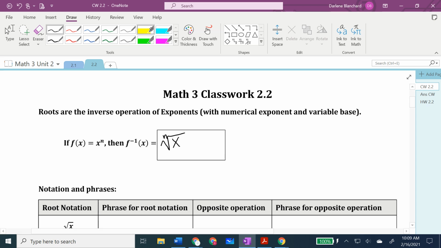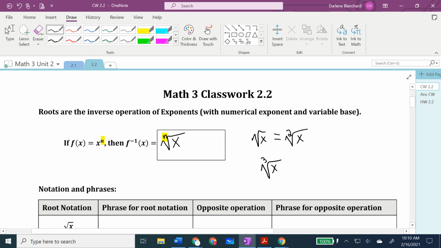And we write the number that was the exponent in this little corner right here. Make sure that you understand when we don't write it, there's an understanding that there is a 2 there. But if this number is anything other than 2, it absolutely must be written.